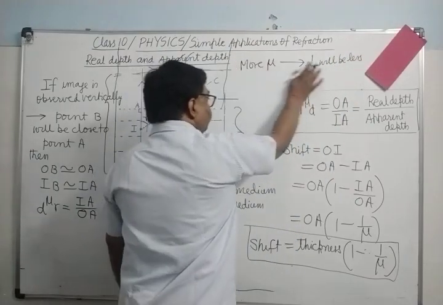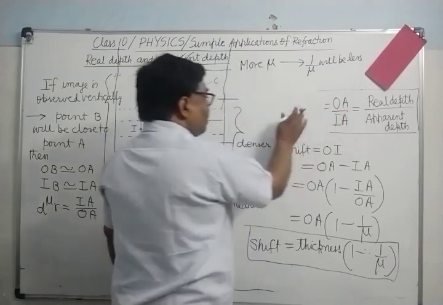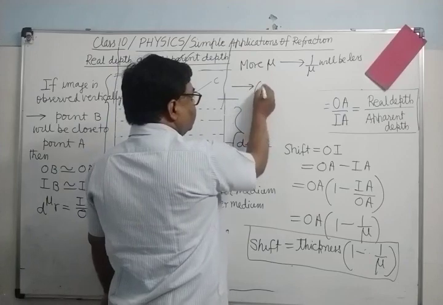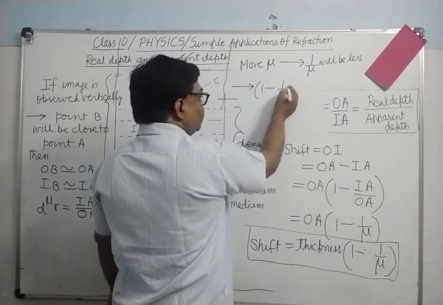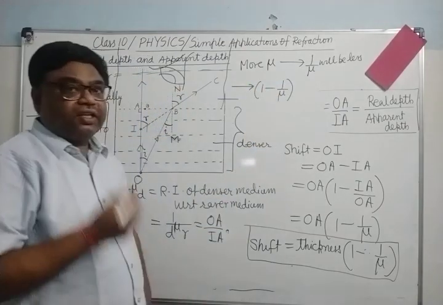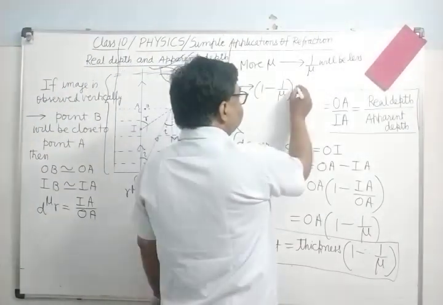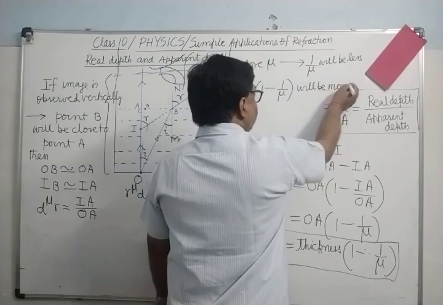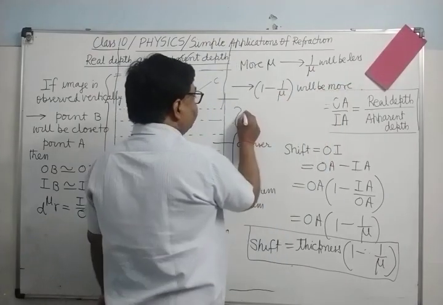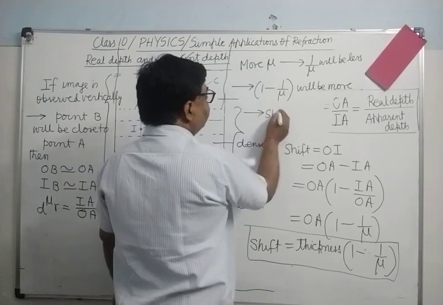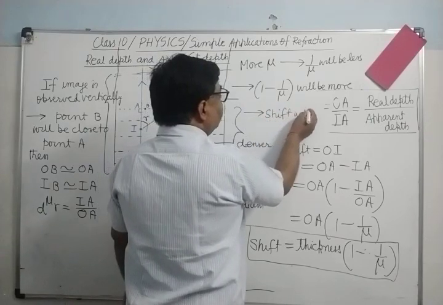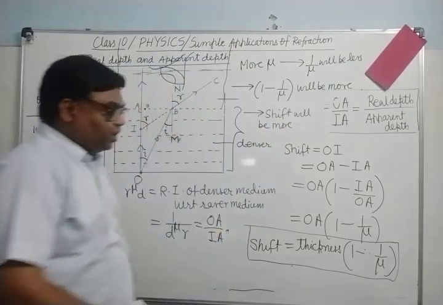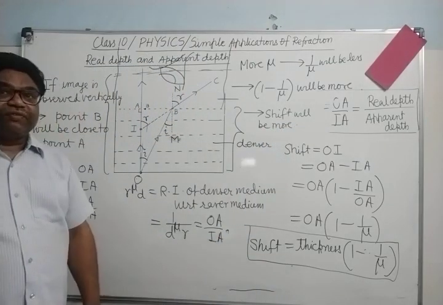When 1 upon mu will be less, 1 minus 1 upon mu, when from 1 we subtract a lesser thing, then the result will be more. So 1 minus 1 upon mu will be more, and when this is more, then shift will be more. So more the refractive index, more will be the shift.